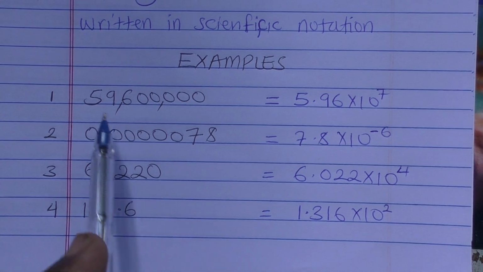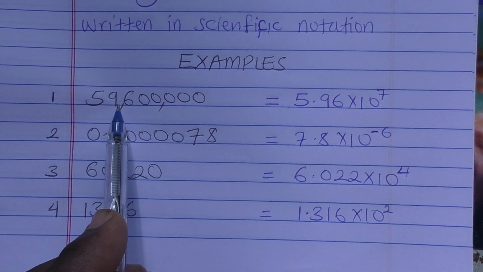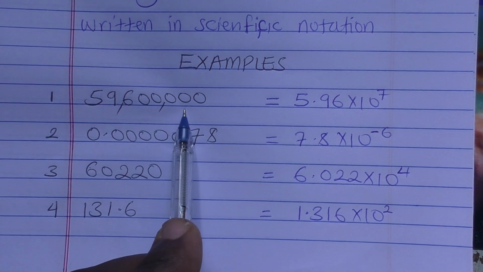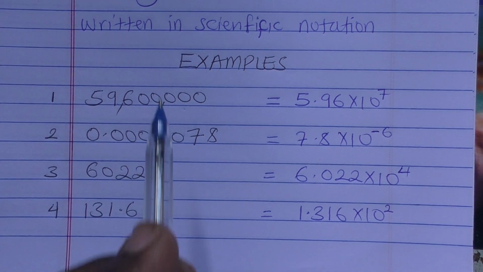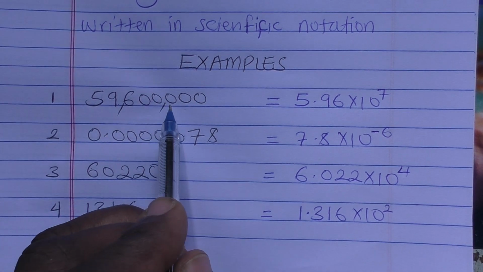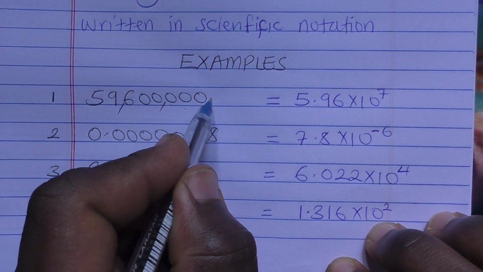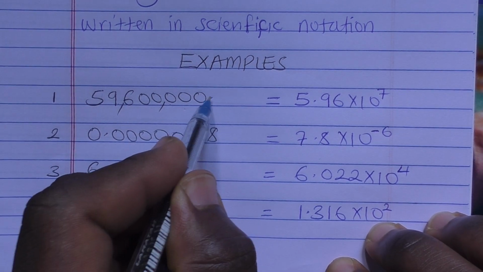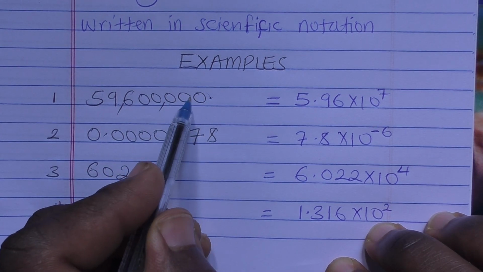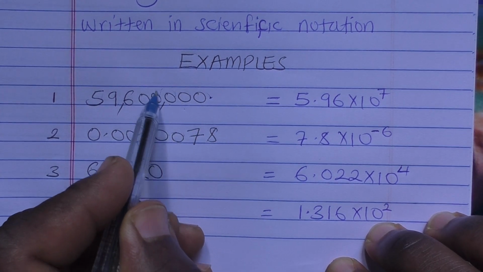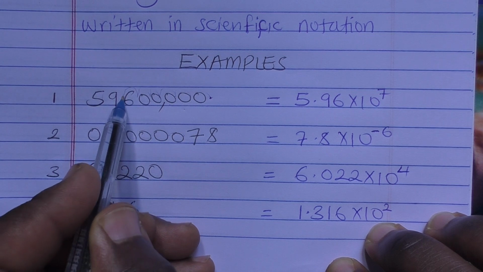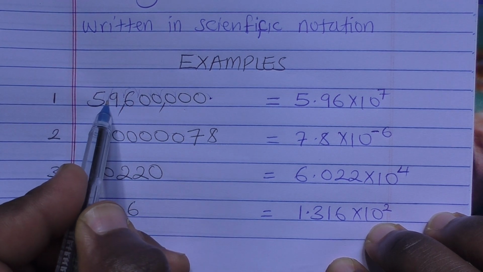For instance, we have 59,600,000. In this number we don't have a point, but we shall introduce our point at the end, and we shall move the point until we are left with 1 digit on the left.